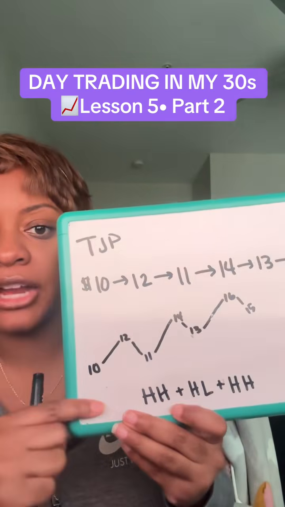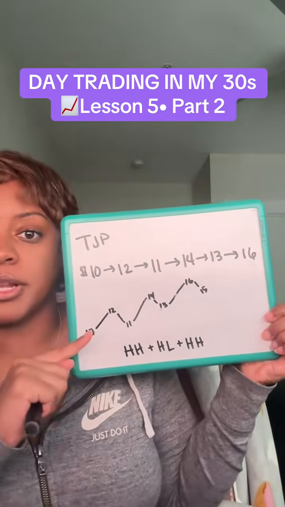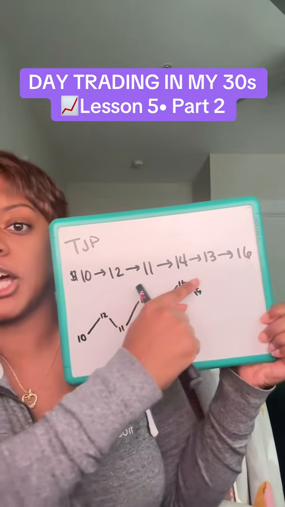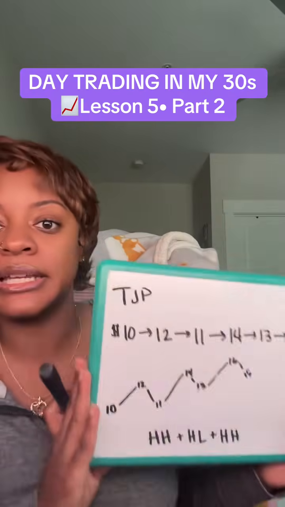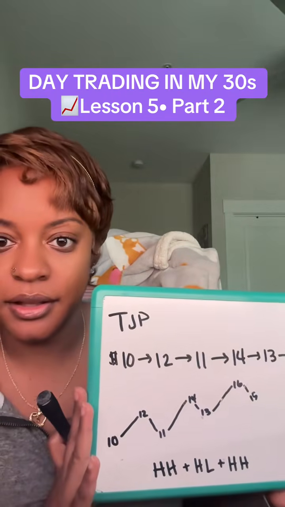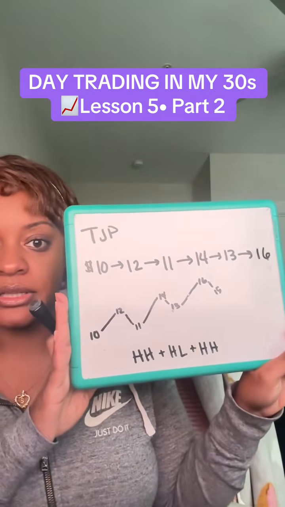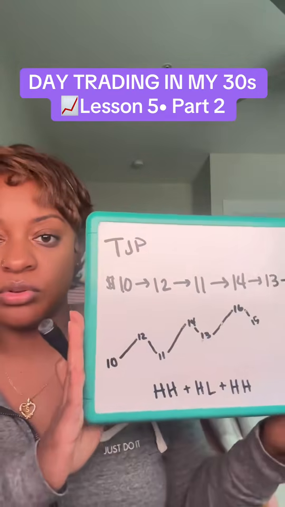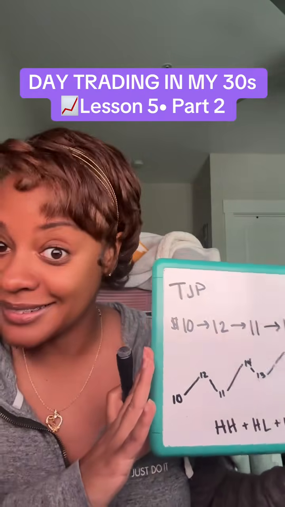When we have higher highs plus higher lows, that equals an uptrend, because you see it's traveling upward. Higher highs and higher lows equals an uptrend. Whenever you have higher highs and higher lows, it equals an uptrend. All right.